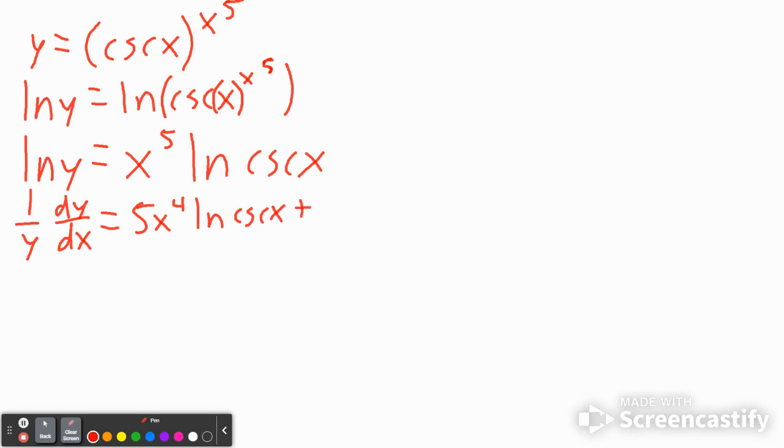And then we add, we can just rewrite the first factor, x to the fifth, and then take the derivative of the second factor. That would be negative cosecant x cotangent x over the inner function itself, over cosecant x. Now, right off the bat, you can see that we can simplify this fraction, and I will do that momentarily.